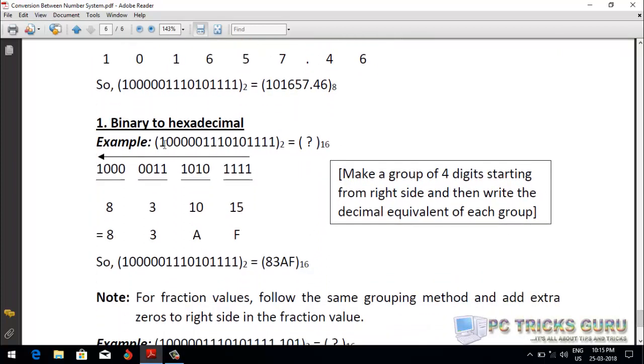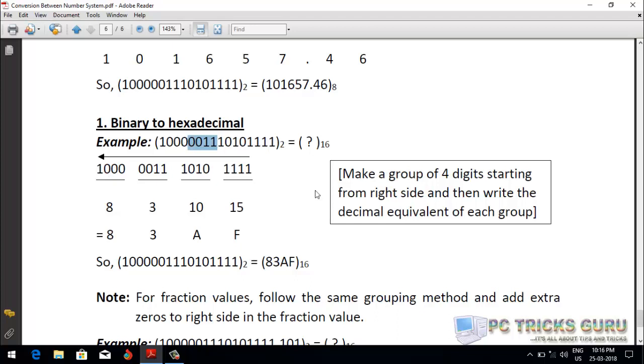Now we have binary to hexadecimal. So we have the example 10000011101111 base 2, and we have to convert it into base 16 equivalent. So write the numbers in groups of 4 starting from right to left. I have taken the first group 1111, then the second group would be 0101, then the third group would be 1100, and the last group would be 0001.